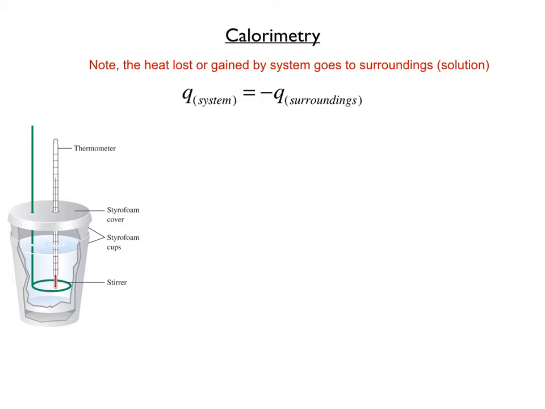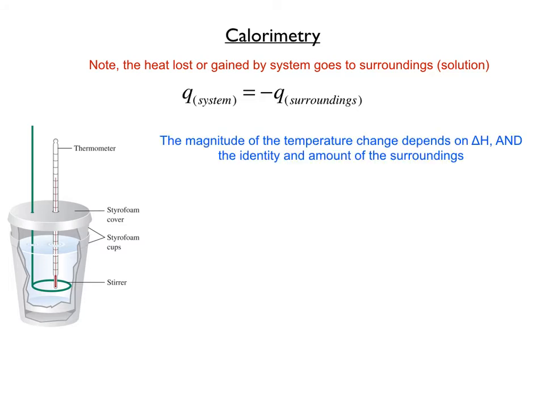So the heat of the system, oftentimes we think of that as the chemical reaction, has to go somewhere, and oftentimes it will go to the surroundings, which we usually think about as being the solution that the reaction takes place in. So in this case, we could have a chemical reaction taking place in our coffee cup calorimeter, and the surroundings would be the aqueous water environment that the reaction takes place in.